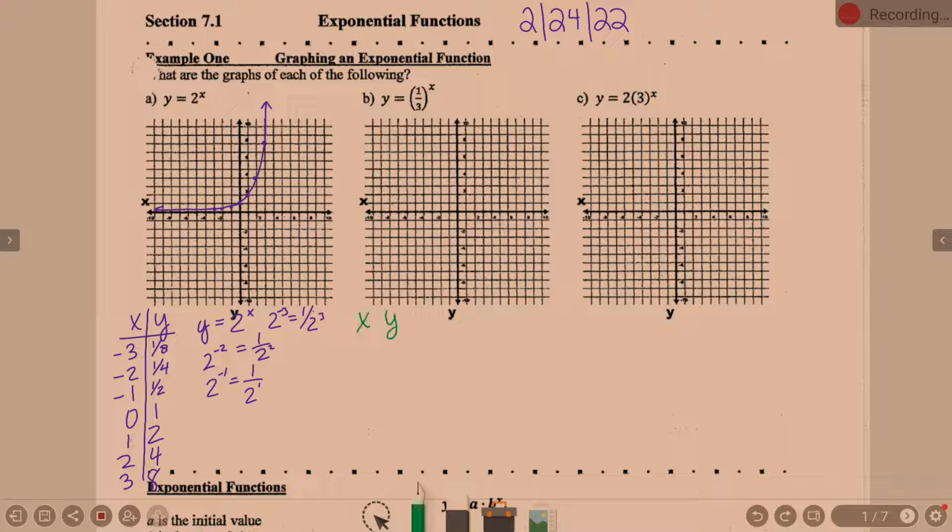XY chart. Now, because we're using a 3 instead of a 2 as the base, my numbers are going to get bigger quicker. I'm only going to go through them -2 to +2. And majority of the time when I do these exponential functions, that's what I do for my XY chart. So -2, -1, 0, 1, 2.